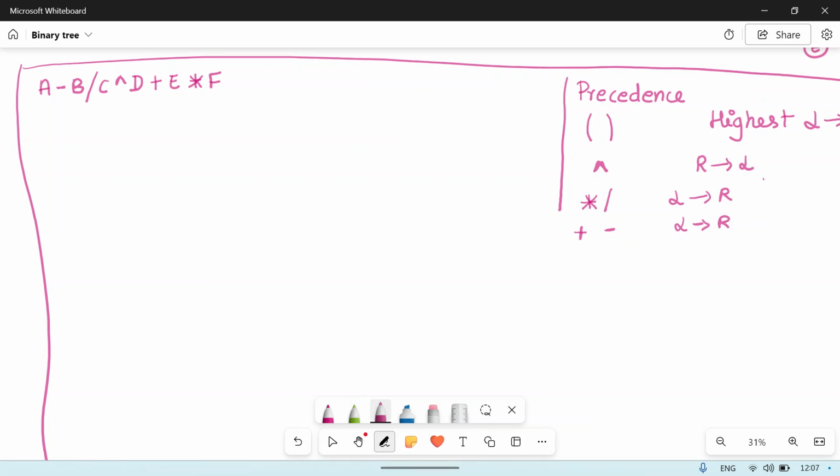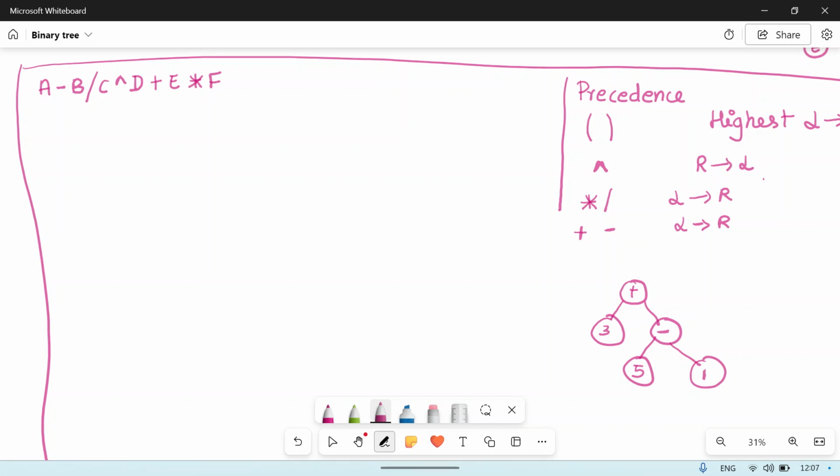Okay. Now, what you have to understand is when you have a tree like this, for example, if I have a tree, something like this, not exactly alphabet, but some value.